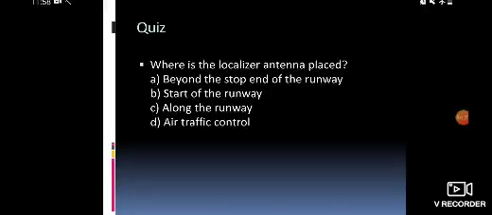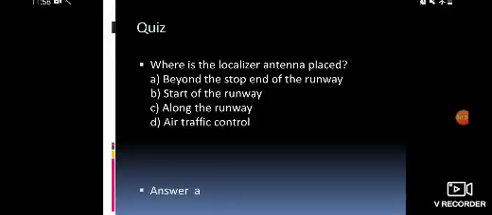Where is the localizer antenna going to be placed? Beyond the stop end of the runway, the start of the runway, along the runway, or air traffic control? The answer is A, beyond the stop end of the runway. It is not at the end of the runway, it is placed beyond that.